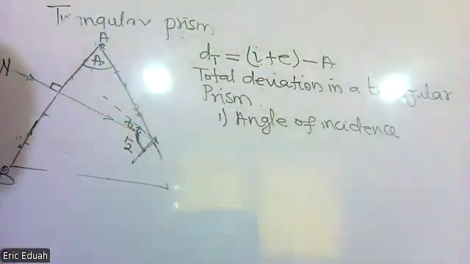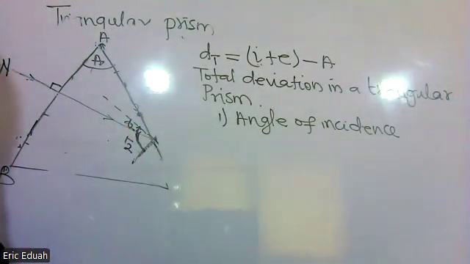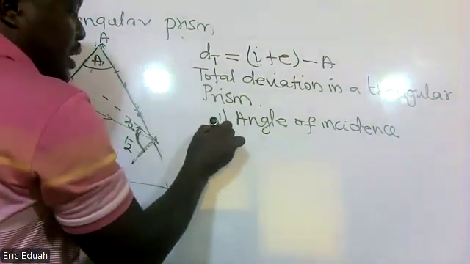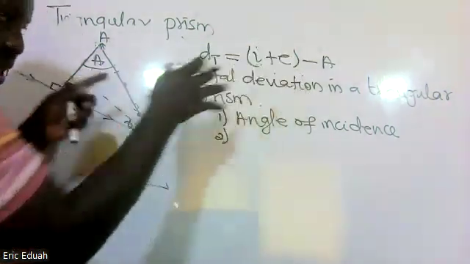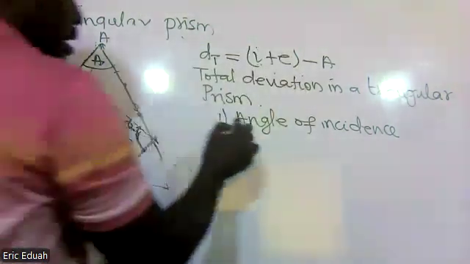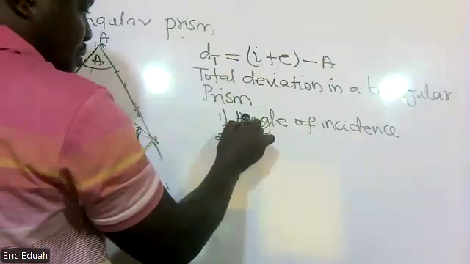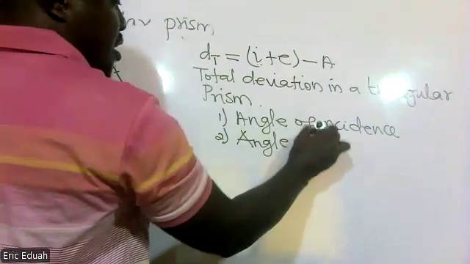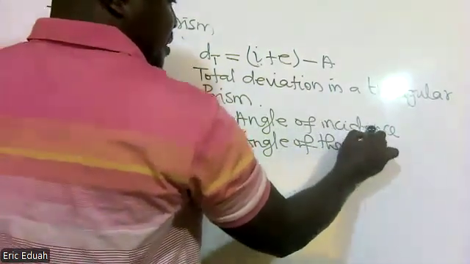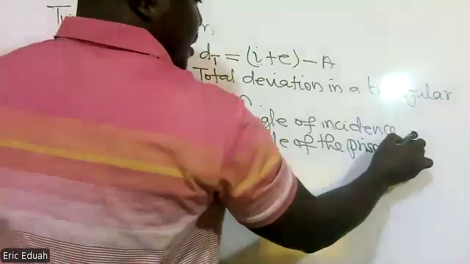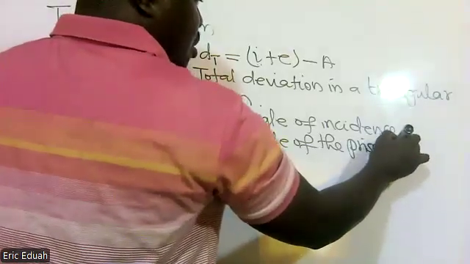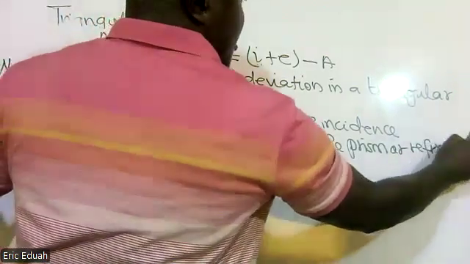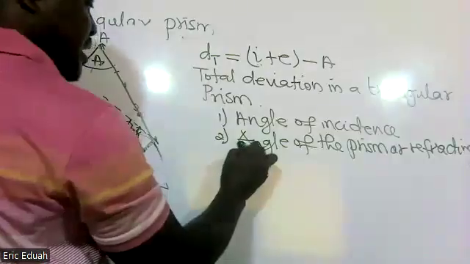And that is obvious. From the equation, you could see I. Then it also depends on, let's talk about factors which we can see, the angle of the prism, or the refracting angle.